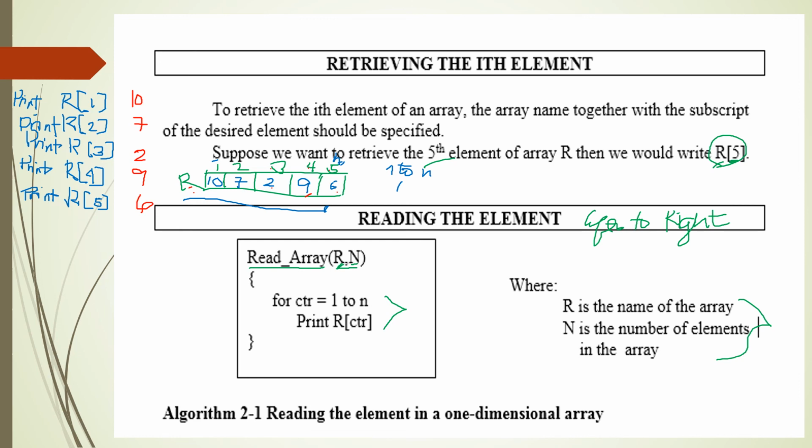So this is how it would work if we simulate each of these print statements. Now, how are we going to do this kind of pseudocode? First, we have to name the array. Alright, so let's have read array.